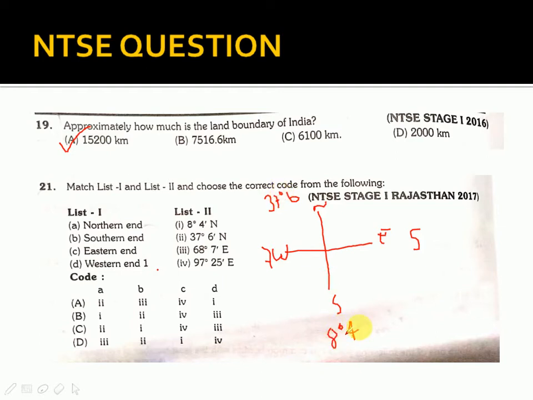So the southernmost tip is 8° 4 north, and that gives me my answer, the C option, because only in the C option I have B connected with 1. So my answer is done. So you see, it's not always required to find the complete answer. Sometimes one answer completes the entire story. So do not run behind the entire story and lose your time.